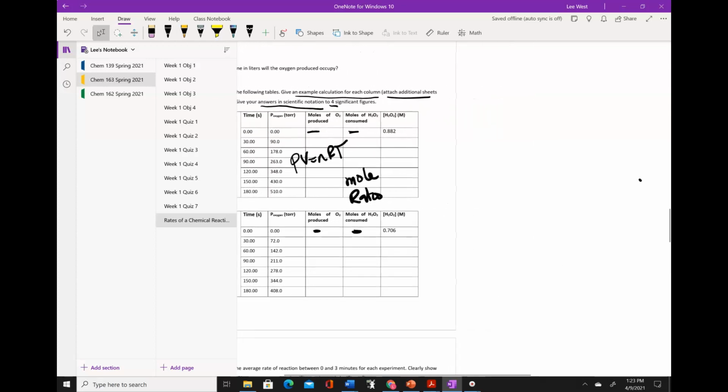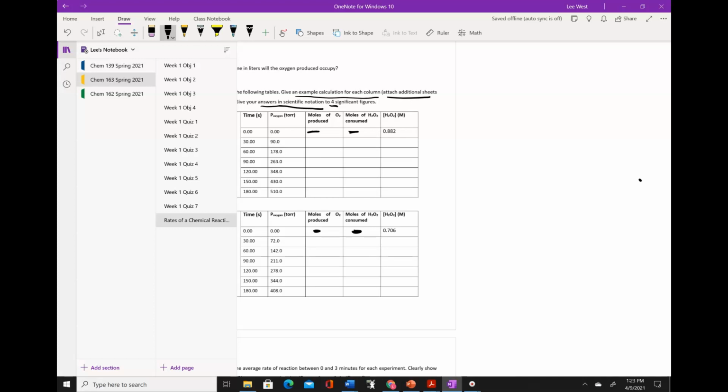And then once we've figured out how many moles were consumed, we can figure out what the remaining concentration of H2O2 is in our 50 milliliter sample. So let's go ahead and do an example of each of these 3 types of calculations.